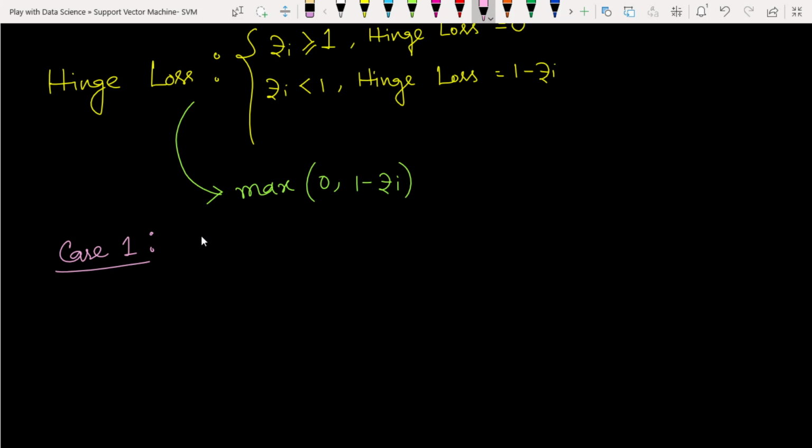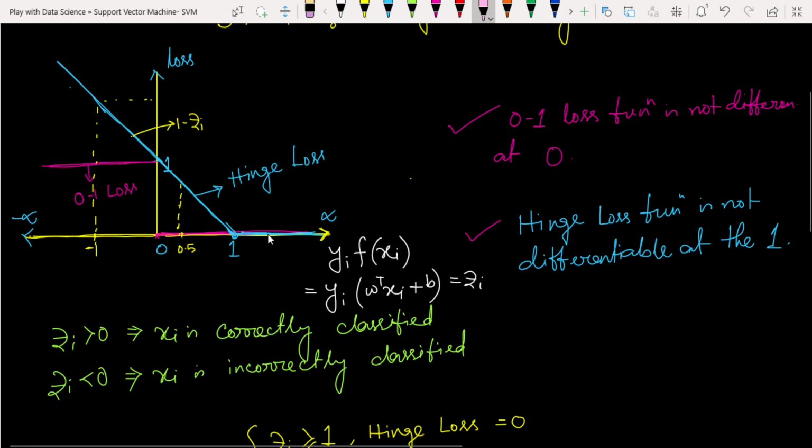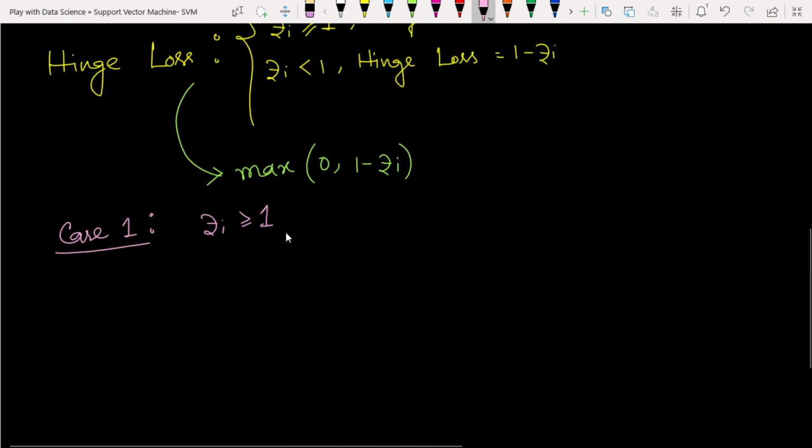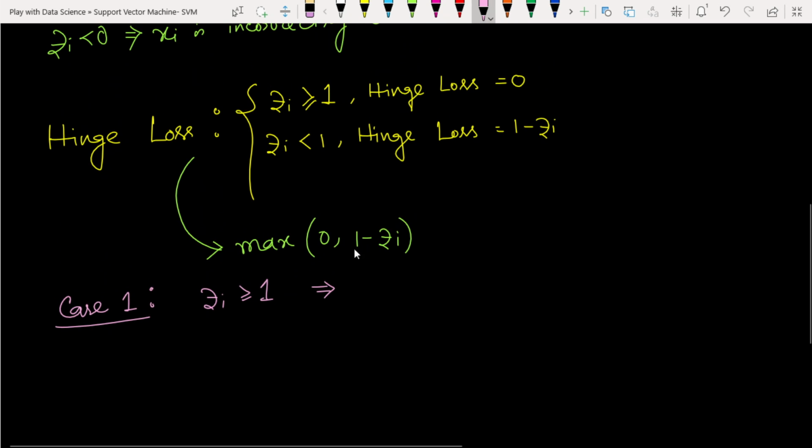In case 1, let's take Zi greater than or equal to 1. Then what is the value of 1 minus Zi?